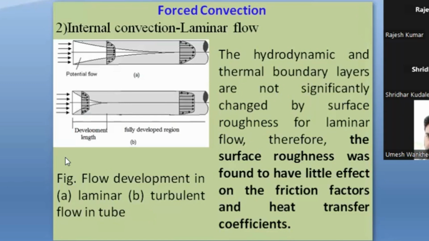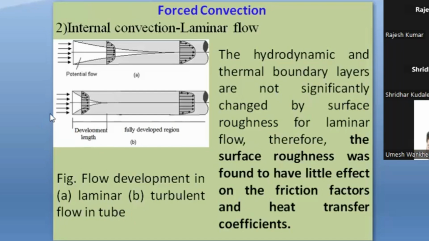So the friction factor has only one relation, whether the wall is smooth or rough, for laminar flow: it is 64 by Re. Same thing for heat transfer. Based on the condition, whether it is constant wall temperature or constant heat flux, there will be a constant value of Nusselt number that we'll see.